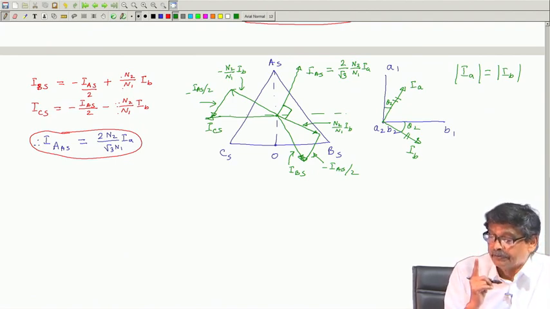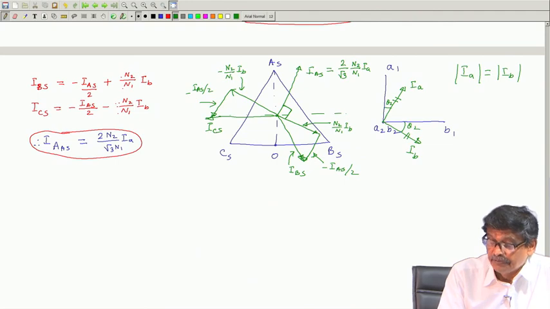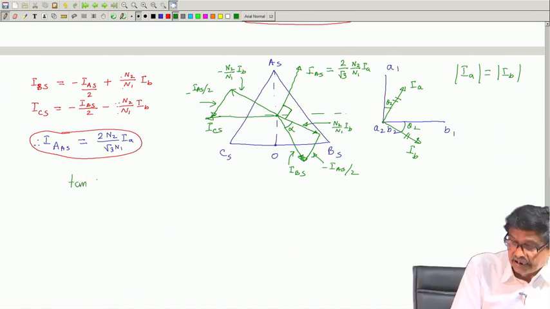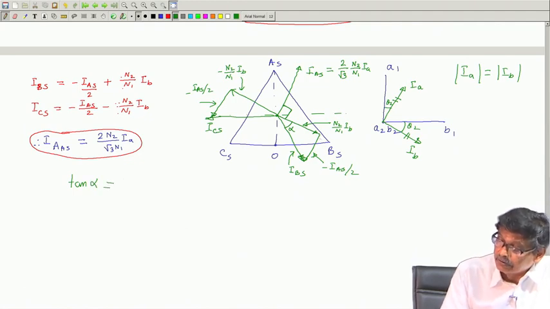Therefore, if I can show that this angle is 30 degree, then I will conclude that it will be a balanced 3 phase currents. That is very easy to prove. You calculate tan alpha from this right angle triangle, tan alpha is equal to length of this.